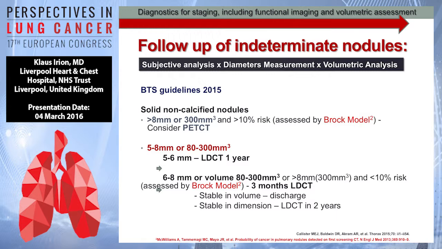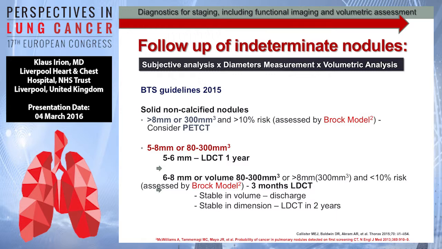Basically, if the nodules are bigger than 8 millimeters or 300 cubic millimeters, and they have more than 10% risk of malignancy, you should consider PET or further investigation to define malignancy on that occasion. You shouldn't wait. If it's between 8 and 10 millimeters, or 300 cubic millimeters, you should consider low-dose CT in 1 year despite the risk of malignancy.